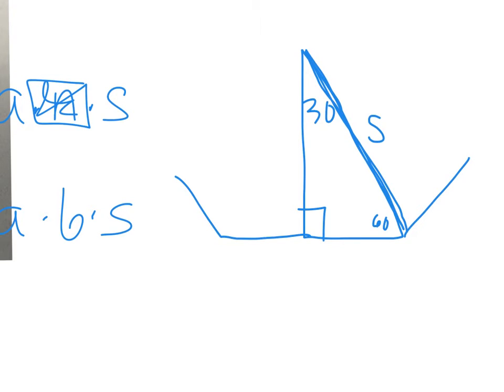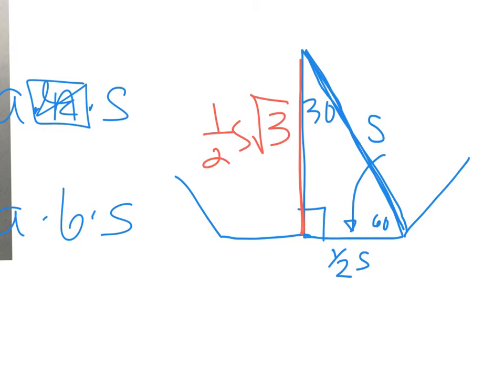So if this is the hypotenuse s, then the short leg, of course, is half of s, like we talked about before. But then the apothem length here is the short leg times the square root of 3.